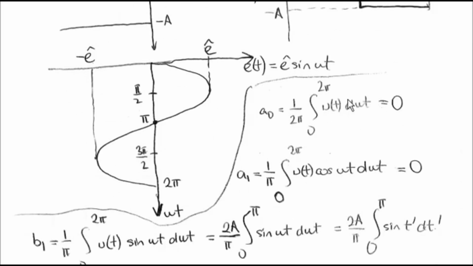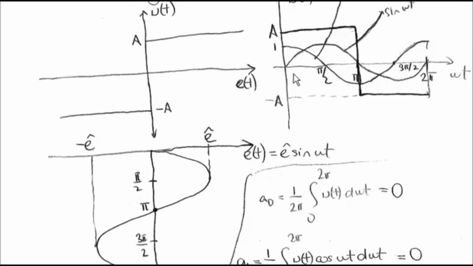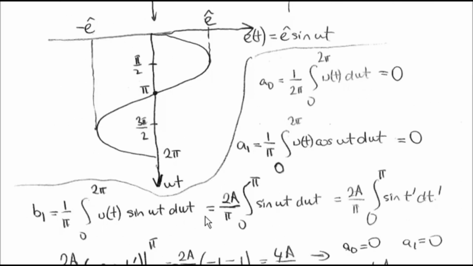I know that these integrals, positive times positive and negative times negative, will give me the same integrals. So the integral from 0 to pi is going to be the same as the integral from pi to 2 pi of the multiplication of sine with this u of t. So therefore I can write this integral as 2 times the integral from 0 to pi.